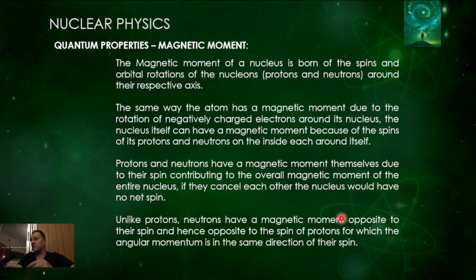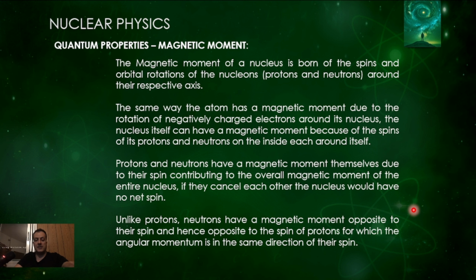So the field vector of the magnetic moment is in the opposite direction of the spin direction, and hence opposite to the spin of protons, for which the magnetic moment is in the same direction as their spin. They are charged positively. For neutrons, the magnetic moment is opposite to the spin itself because they are neutral charges.